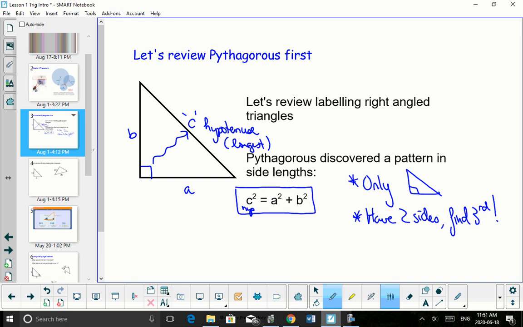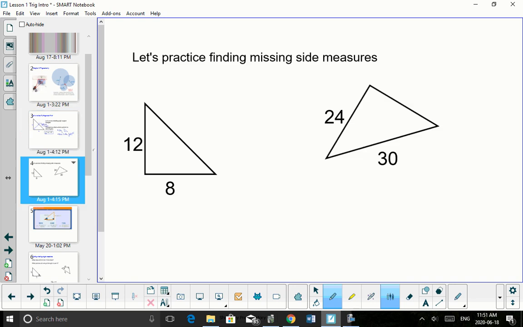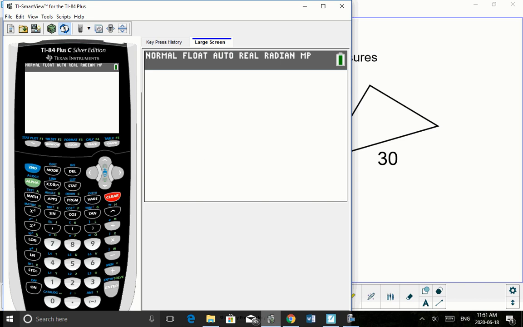Okay, so if we just do a couple quick examples here. Here I'm looking for this side. Again, across from the box. So actually what I'm looking for is the hypotenuse. Then I just put the other 2 sides in on the other side of the equation. So using my calculator, I go 12 squared plus 8 squared. I get out that.